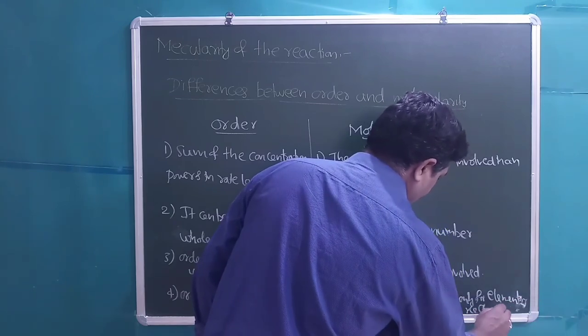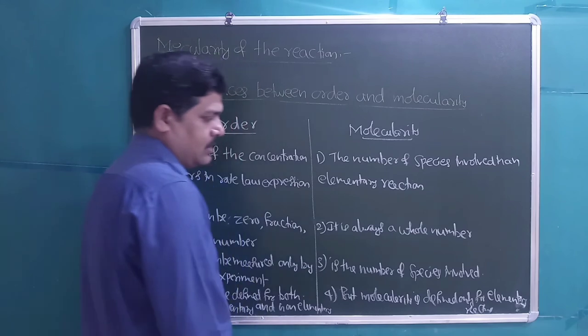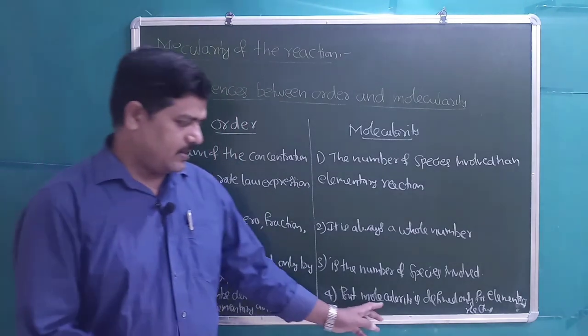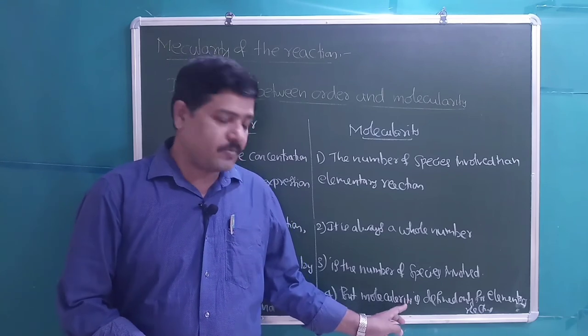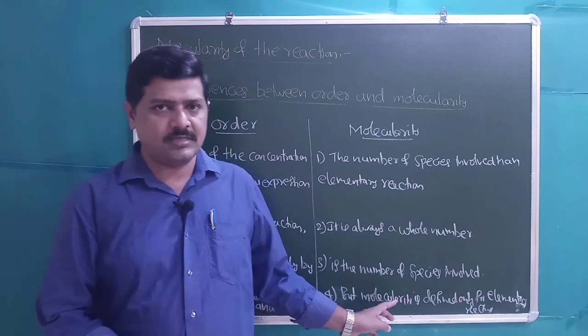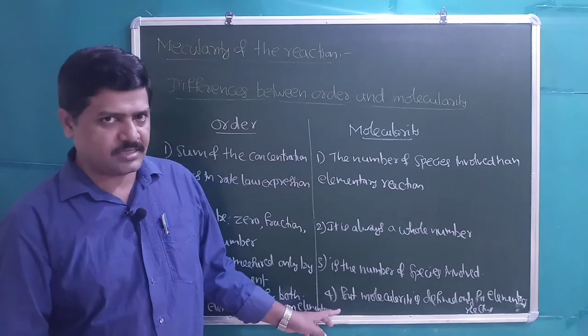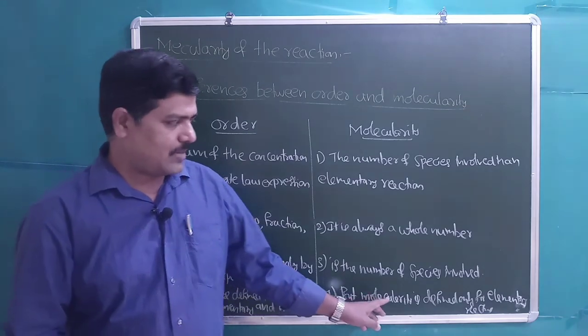But students, in general, we take the molecularity in a complex reaction as the number of molecules involved in the slowest step of the process, that is the RDS, rate determining step.